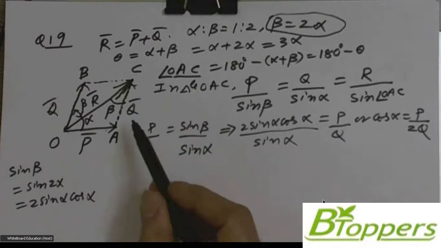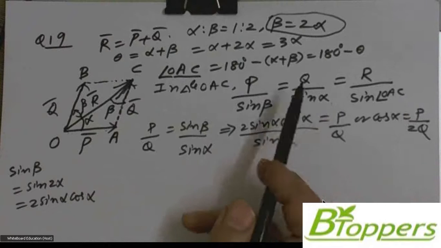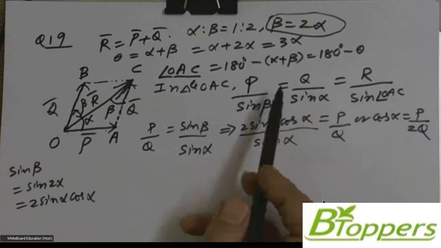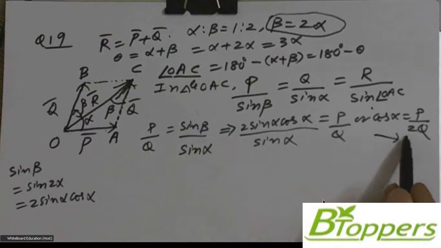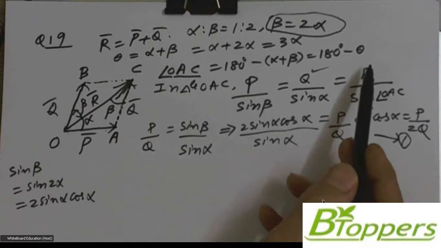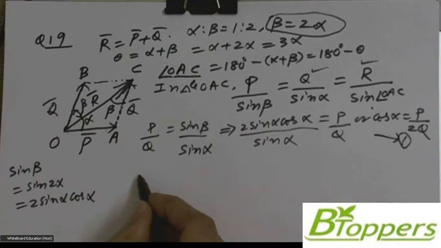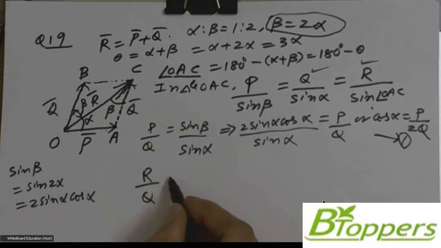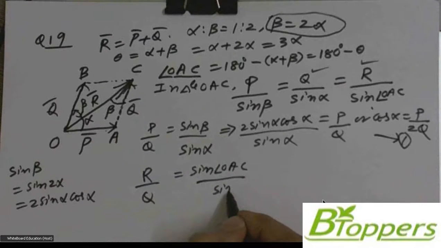Otherwise, alternatively, you can see the last two equalities here. Call this result equation 1. Then if you consider this and this, you can write R by Q equal to sine of angle OAC by sine alpha.